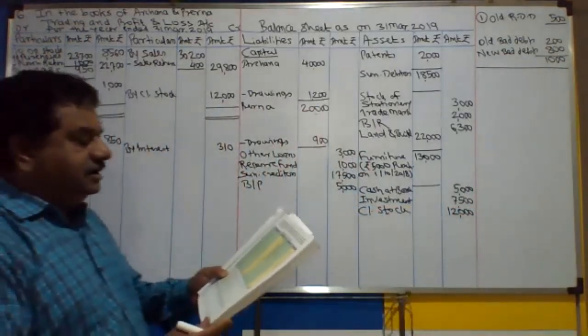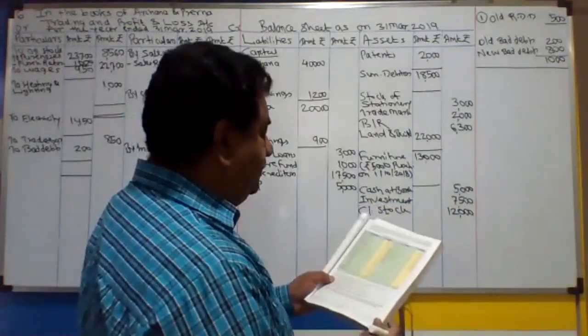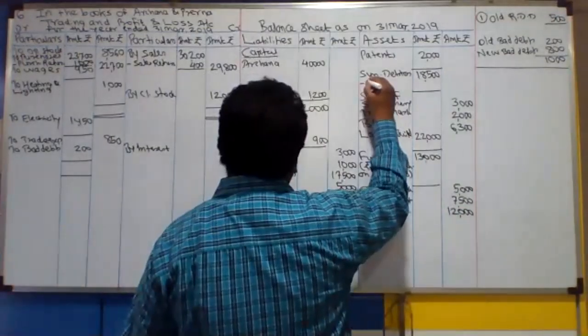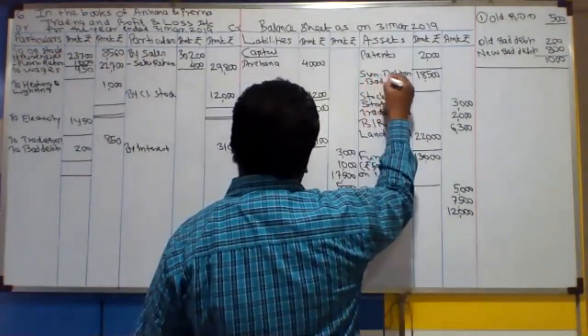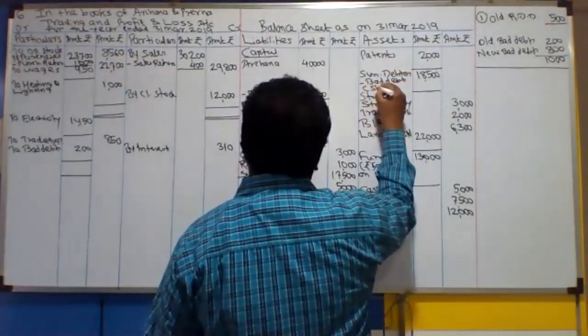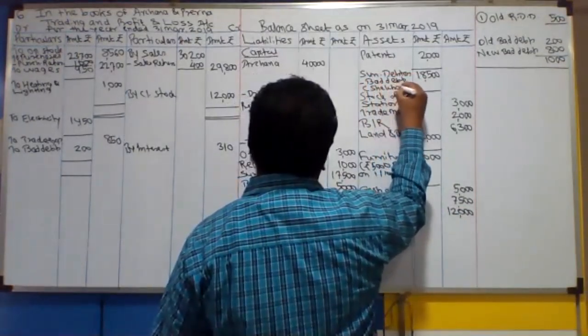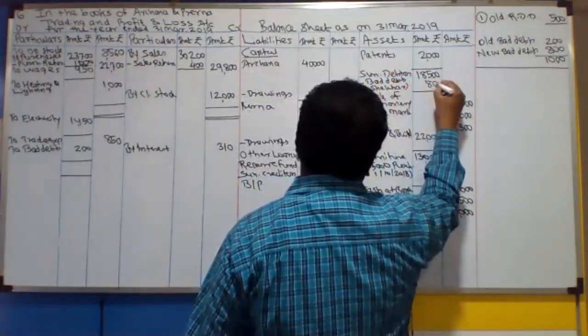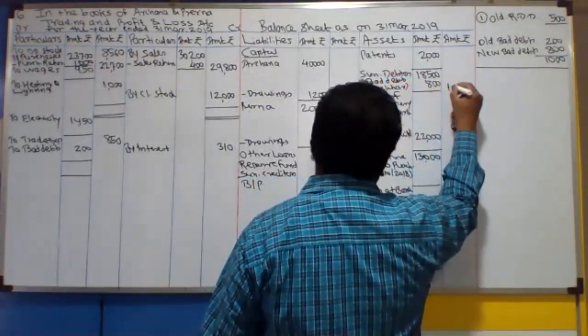Our customer Shekhar failed to pay his dues, 800. These are bad debts. You can also write in the bracket the name of that debtor. Debtor मतलब customer, जिसने हमको चूना लगा दिया.